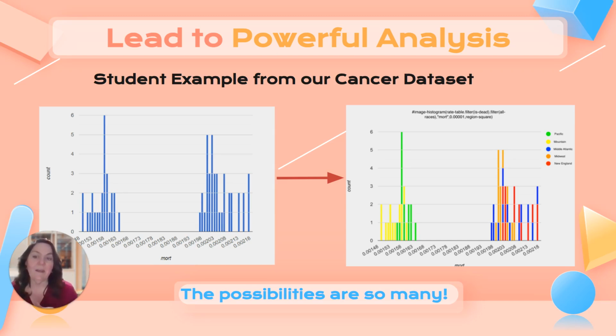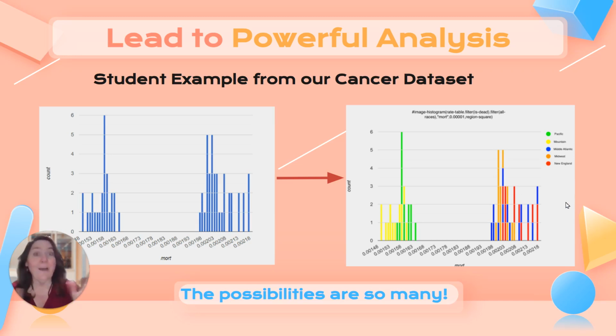And she made this histogram of the states of the United States here, their mortality rates, and saw this divide, but didn't really know quite what to do until she hovered over each state to see what was going on. And image histogram came about, and so she wrote this conditional function to put each of the states into regions. And she could see on the right here what happened.